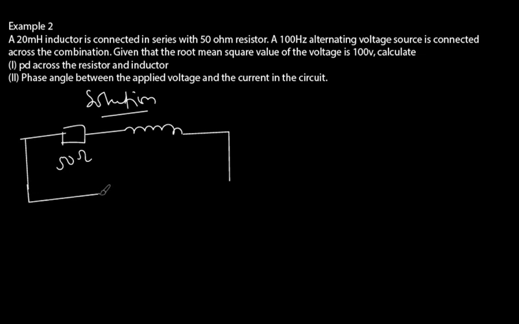Then we have our AC source. We have our current here. So this is 20 millihenry, milli, not micro. So this is L, this is R. So we have our voltage is 100 volts. We have 100 volts over here.